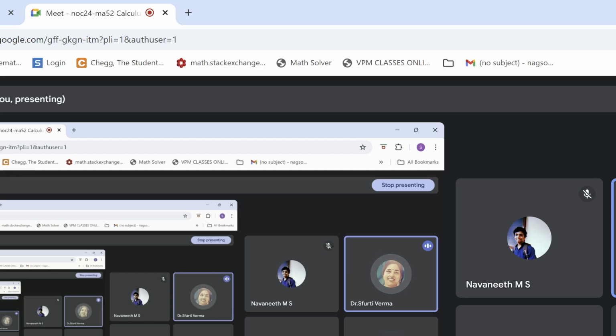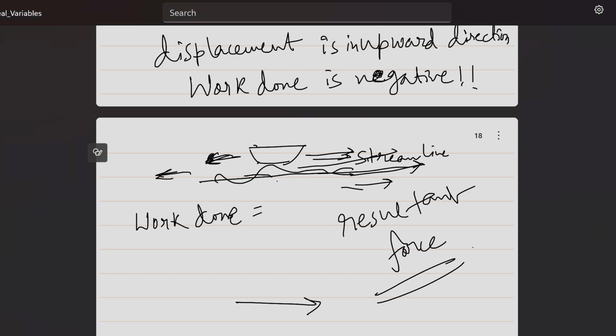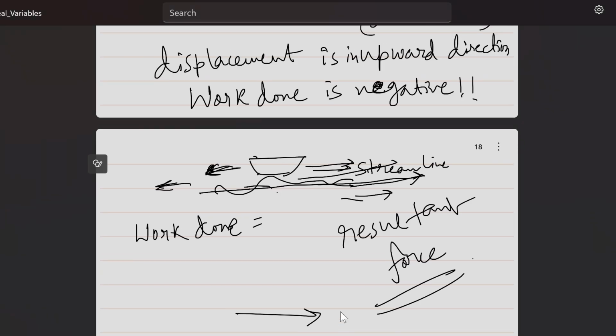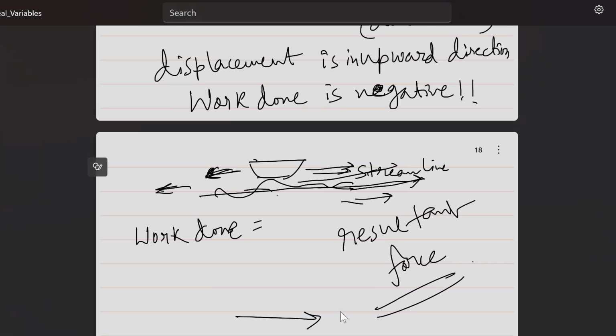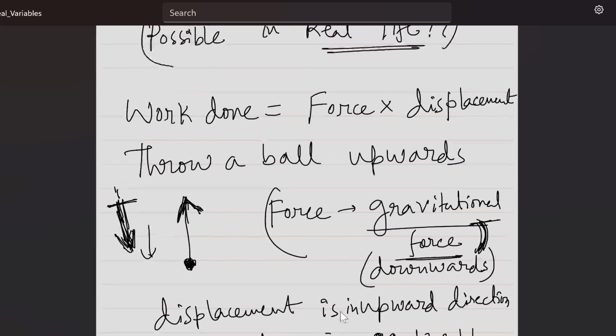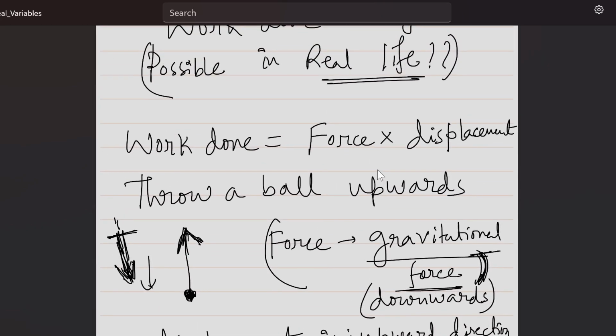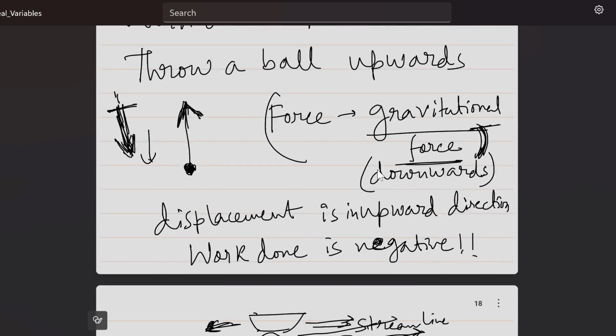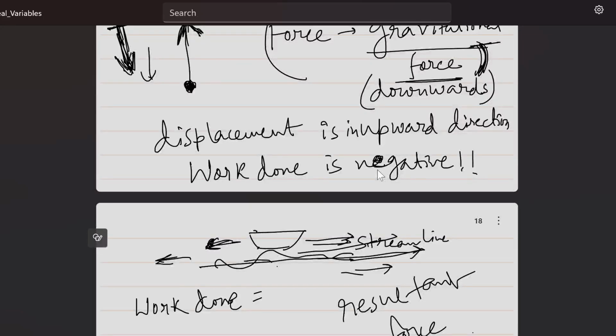Yes, but I am also not sure about it. Okay, actually I am also not sure, but you are correct only, because the main thing is force into displacement. So you are going in the opposite direction. So I think you are correct. But I remember there is something called resultant force.